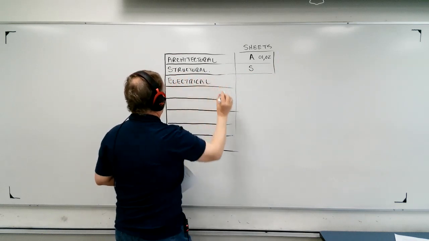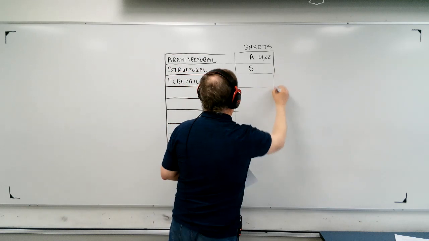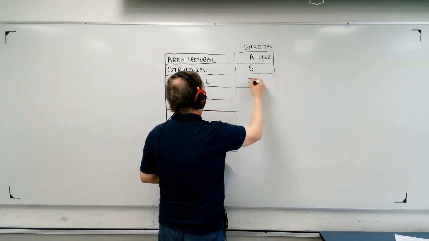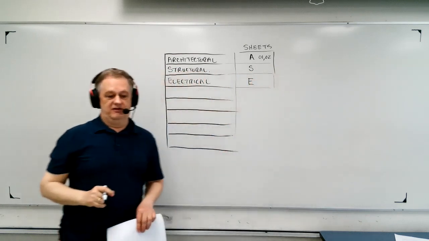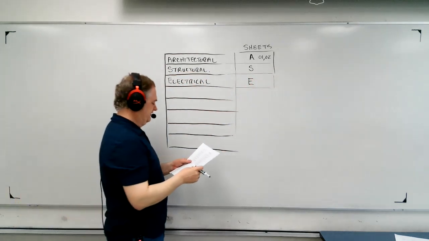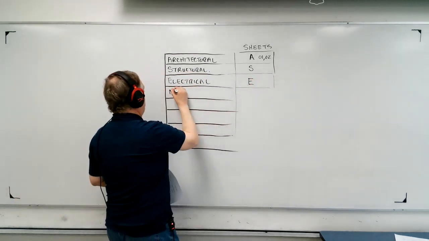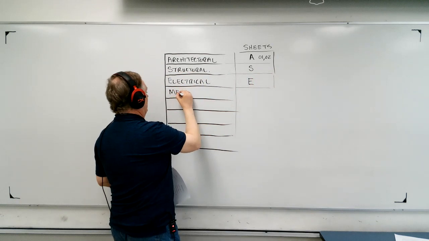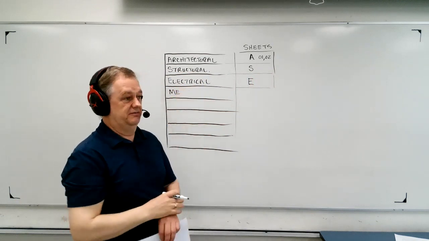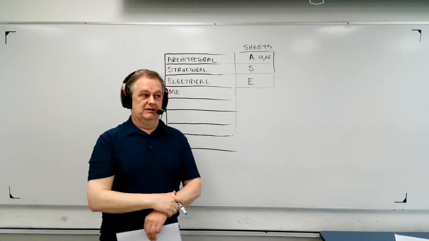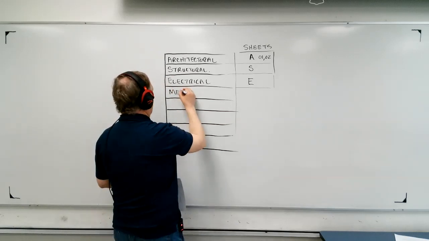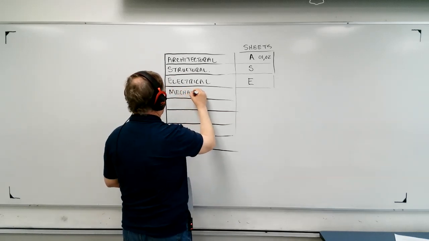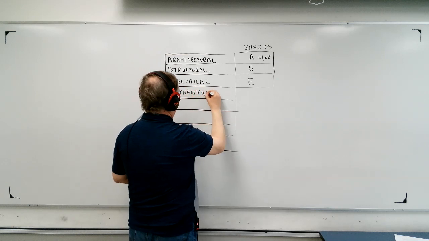Now, these are going to be the sheets that we'll spend a fair bit of time looking at, and these are going to be lettered E. This will be the designator of these sheets. Then things like air handling, fans, air conditioning, heating and air conditioning: mechanical.